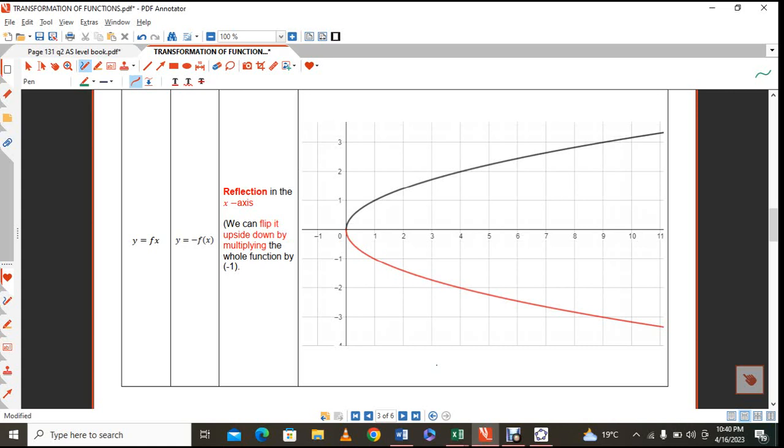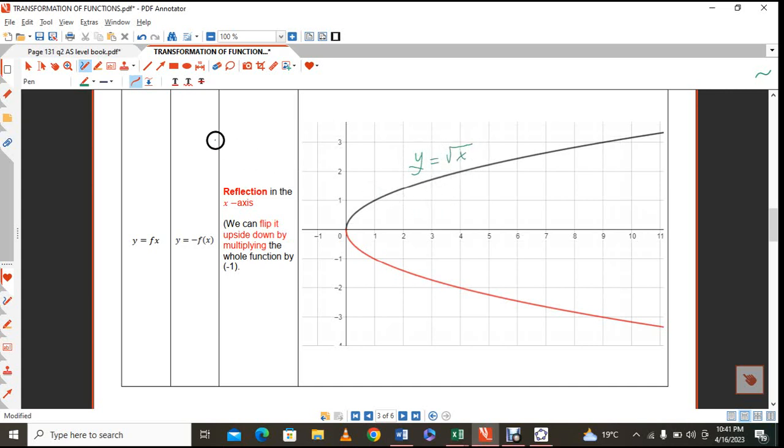If you put a minus in front of the whole function, so you multiply the whole function by a negative value, the whole graph will be flipped upside down by multiplying the whole function by -1. Suppose this is the function y equals root x.